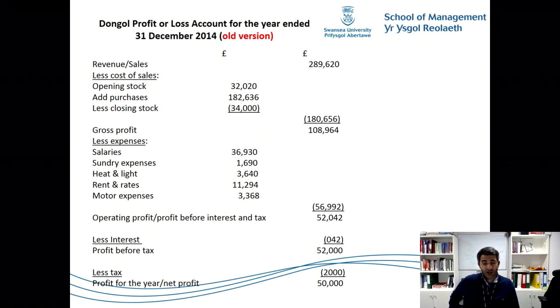And this is exactly how the bank is making the profit. So if you minus the interest, that comes to profit before tax. And at the end, if you minus the tax, you will end up with something called net profit or profit for the year. This is a typical old version of the statement of profit or loss.